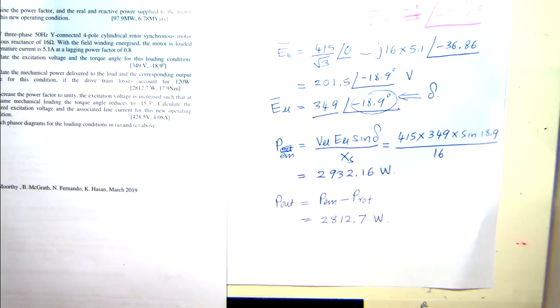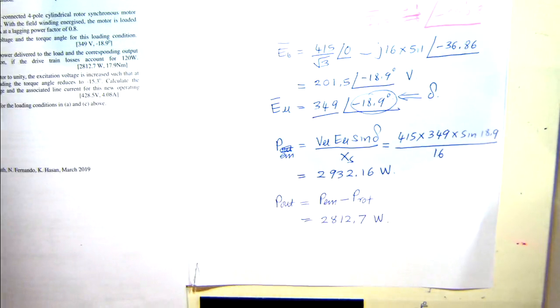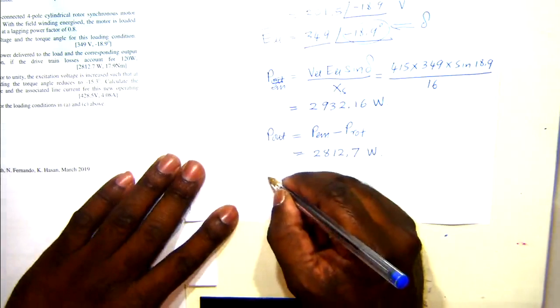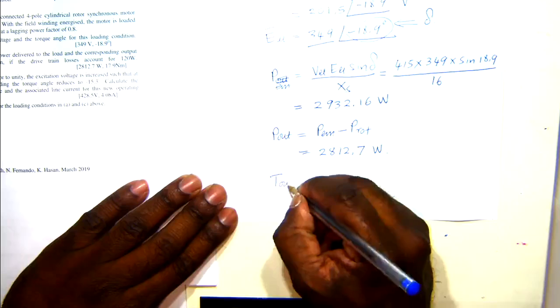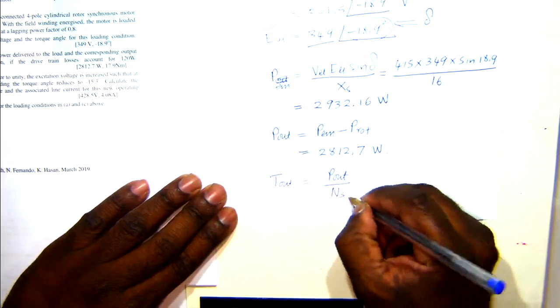And then you also need to find the torque. So the output torque is the power divided by speed. When you come to synchronous machines, it's always rotating at synchronous speed. There's no slip involved. So the rotor speed is the same as synchronous speed. So the output torque will be the power output divided by synchronous speed.